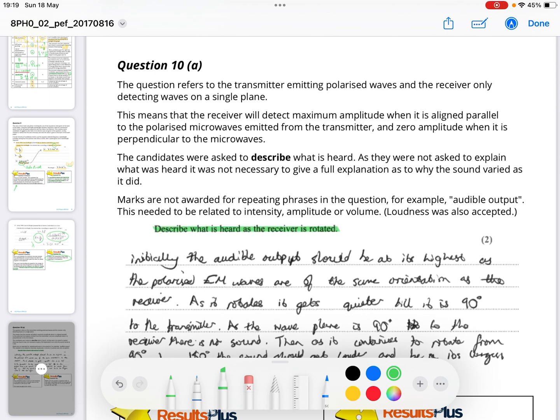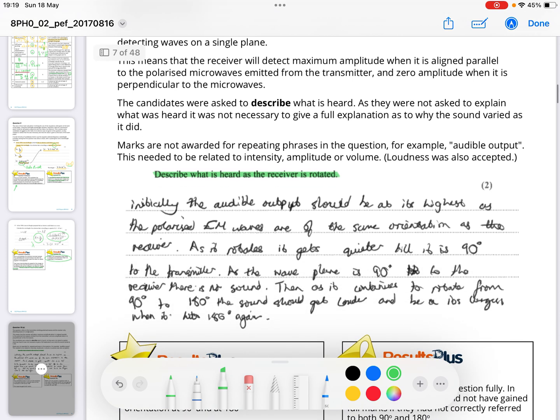Initially, the receiver is set up to pick up the polarized microwaves which are emitted by the transmitter. Then they rotate the receiver through 180 degrees.